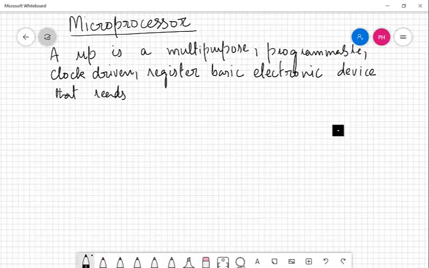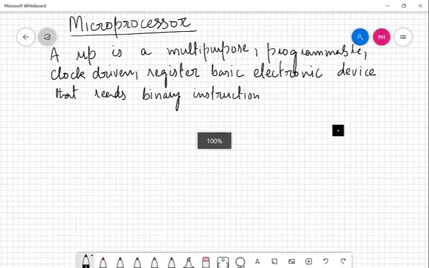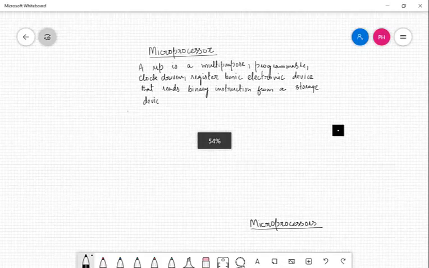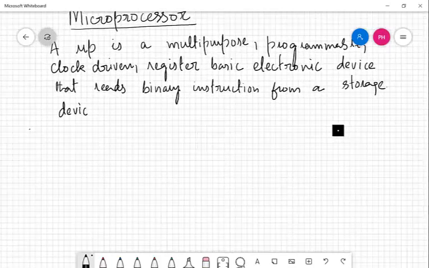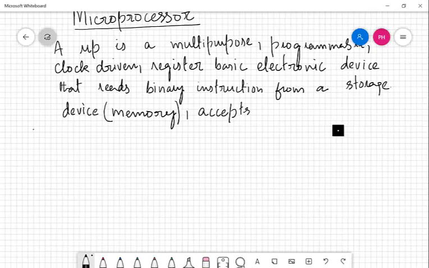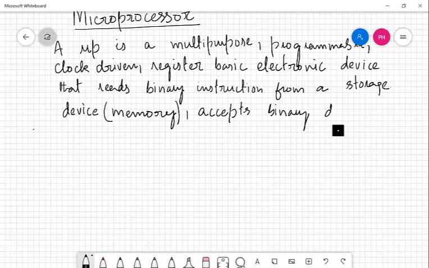So we will say it reads binary instructions from a storage device, and this storage device is called memory.